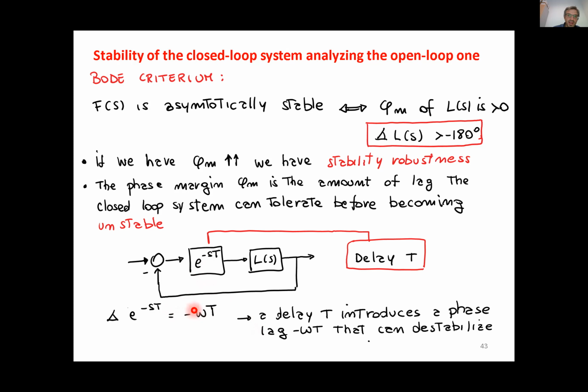So the phase becomes more negative and gets closer to -180. This makes the phase of the open loop transfer function closer to -180 and closer to instability. However, the delay itself doesn't affect the magnitude of the transfer function.